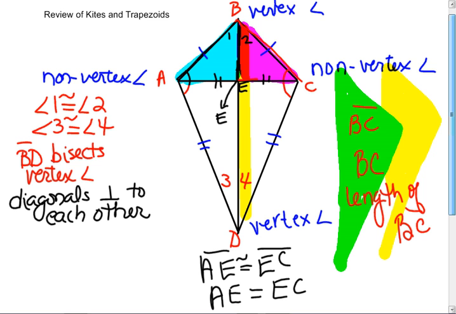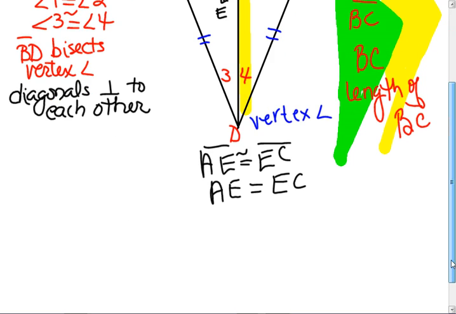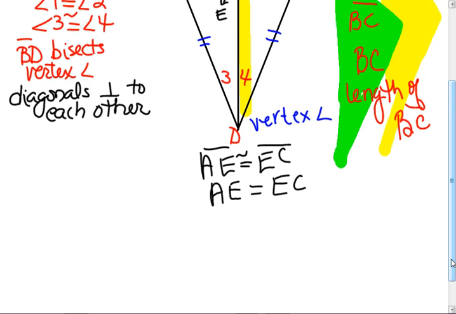The length from A to E equals the length from E to C. One diagonal, I'm not going to write down which one's which. Just know that one's a perpendicular bisector of the other. When you draw the picture, you'll figure it out. So one diagonal is the perpendicular bisector of the other.